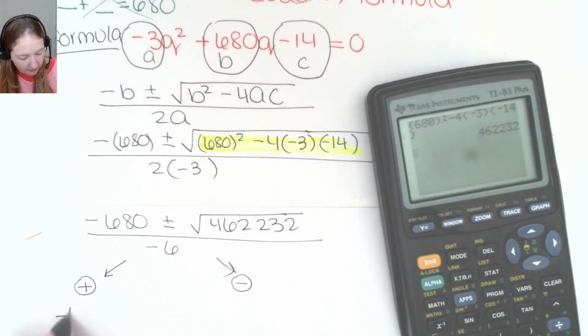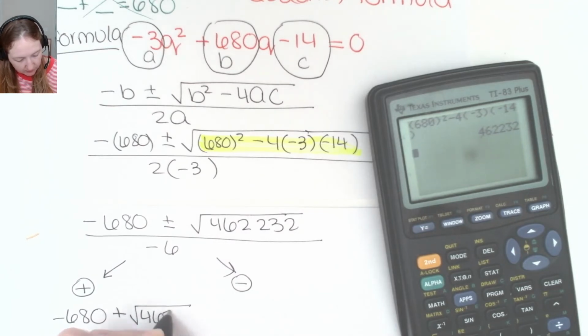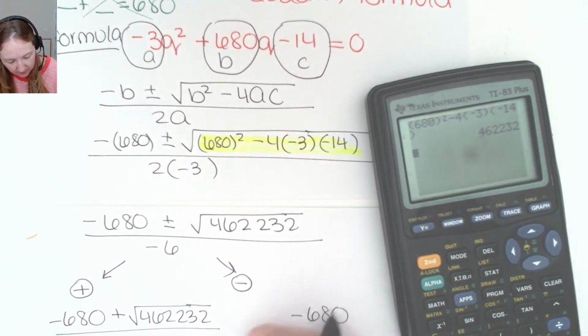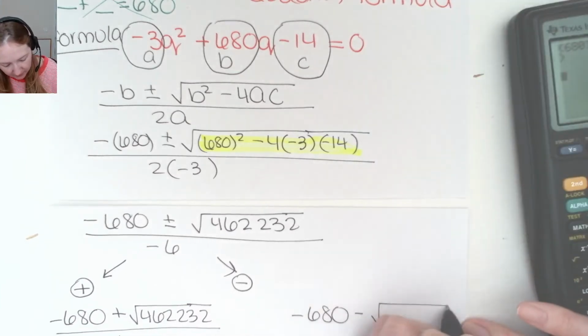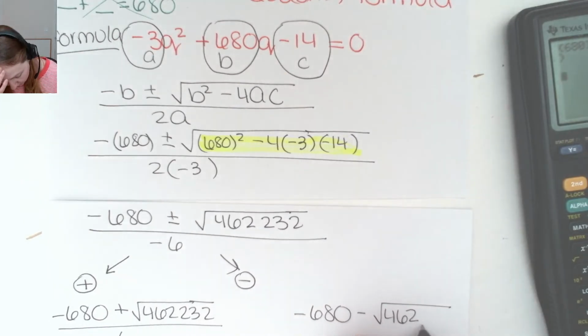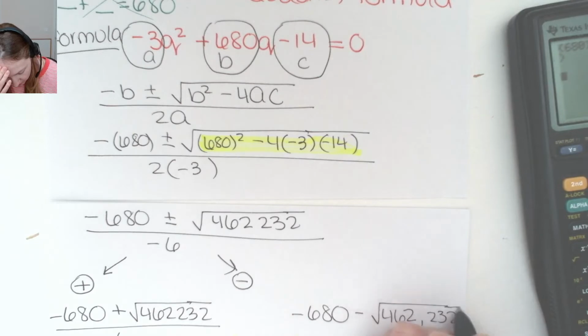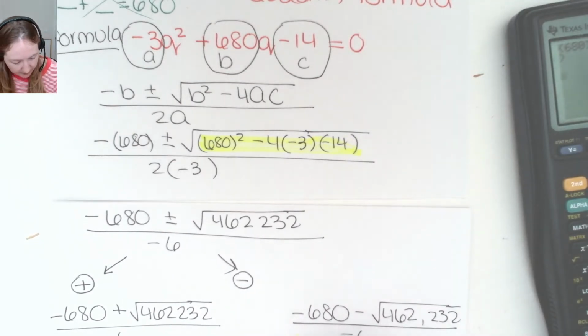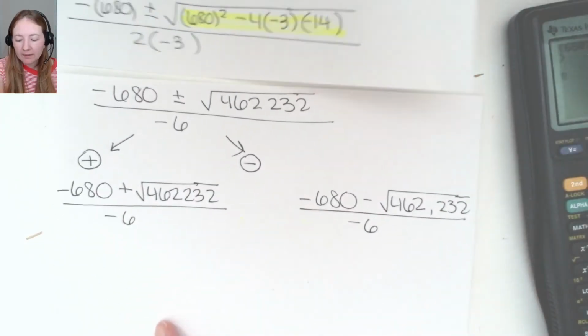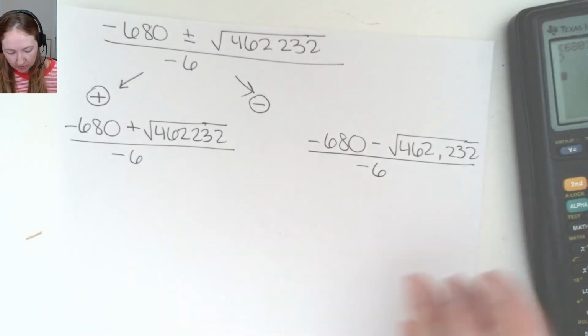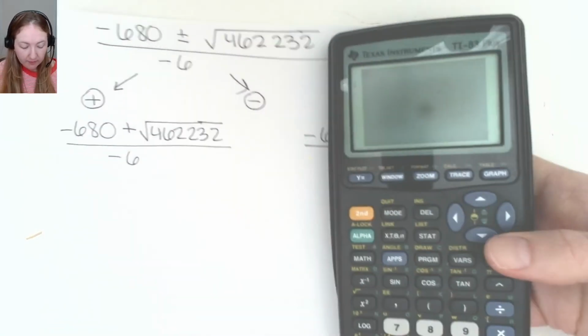So we'll have negative 680 plus the square root of 462,232 over negative 6, and then compute negative 680 minus the square root of 462,232 over negative 6. Now, working through that computation, you would definitely need your calculator.